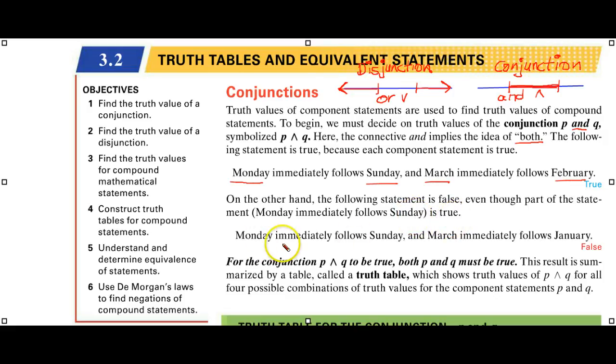This part is true. March immediately follows January is not true. So therefore this conjunction is false. In order for the conjunction to be true, both parts must be true.